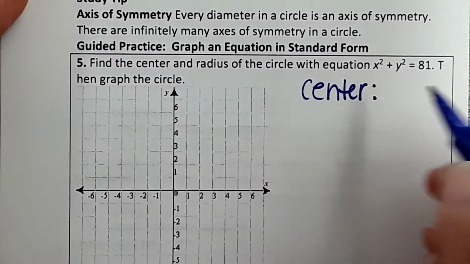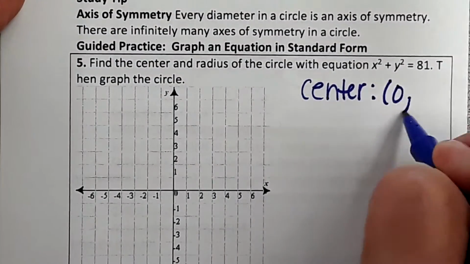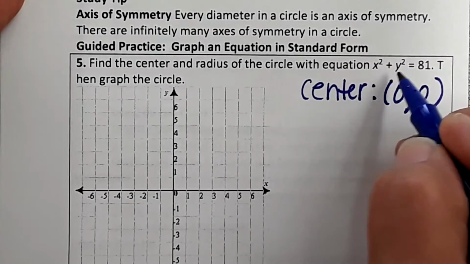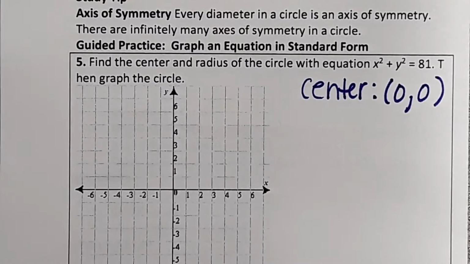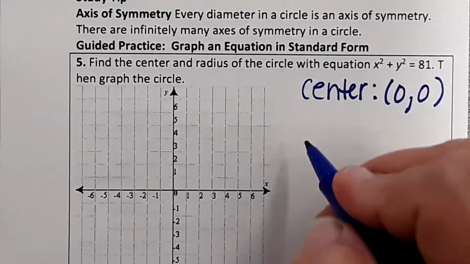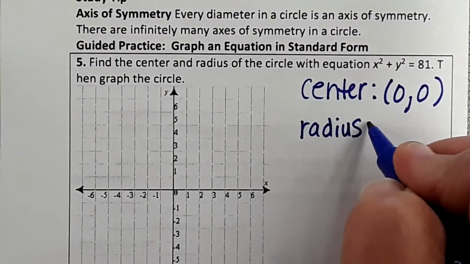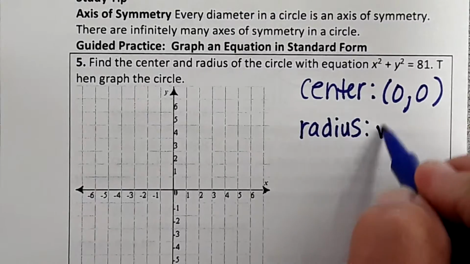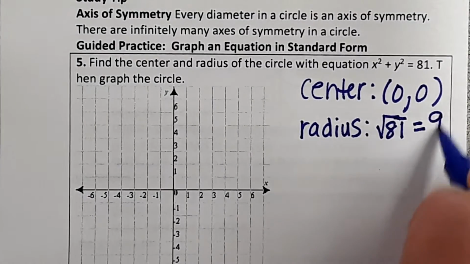How do you know that's your center? Because it says x squared plus y squared. If there was a number, then that would be it. Since there are no numbers, our center is (0, 0). I need my radius. My radius is equal to the square root of 81, which is 9.